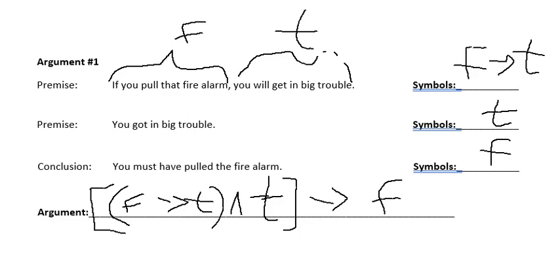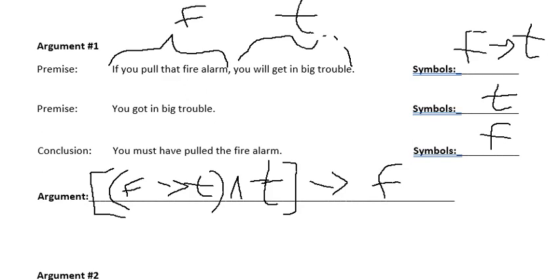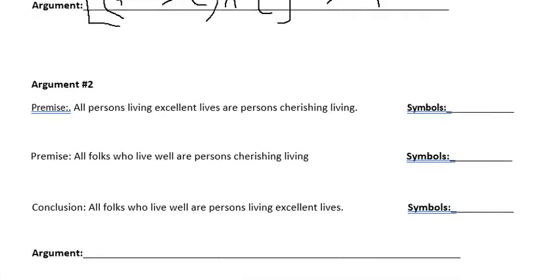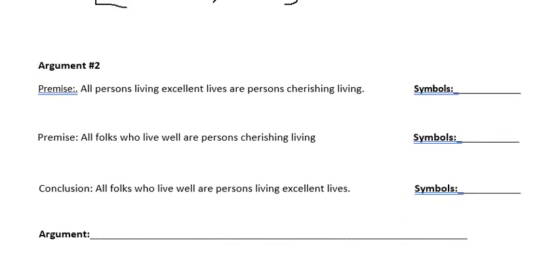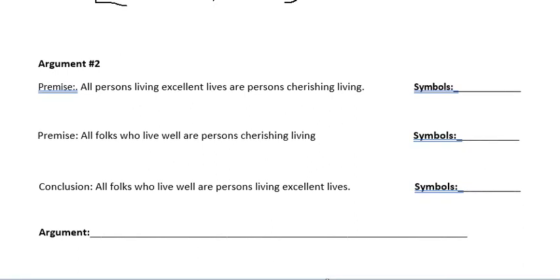Here, let's look at translating another argument. Argument 2 has these premises and conclusion. The first premise is all persons living excellent lives are persons cherishing living.